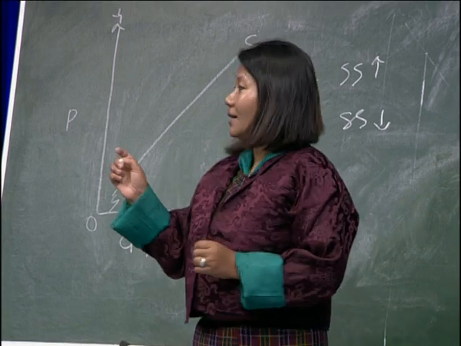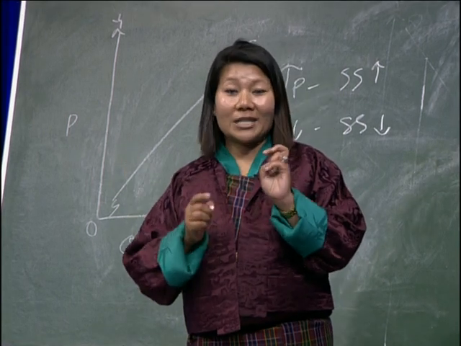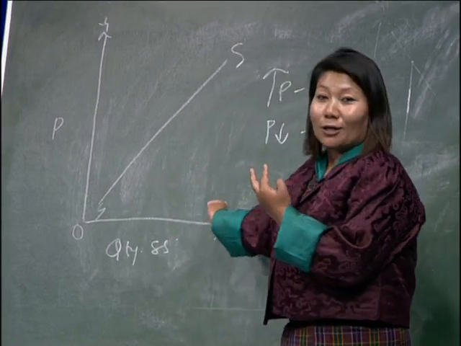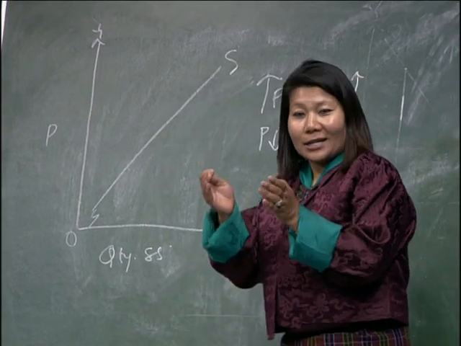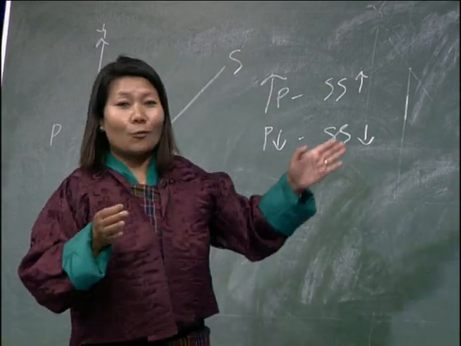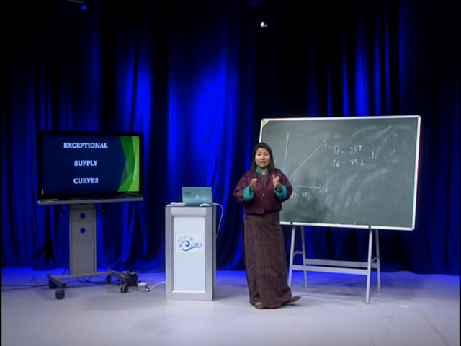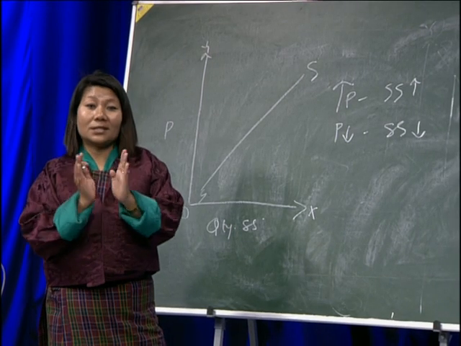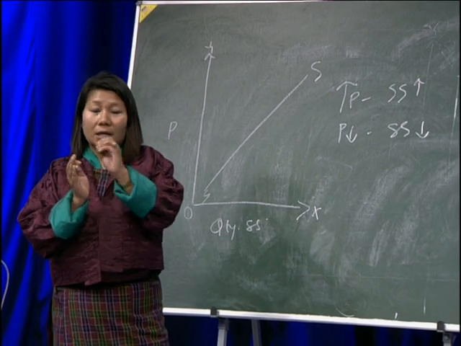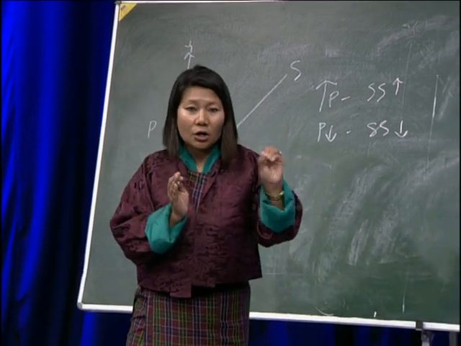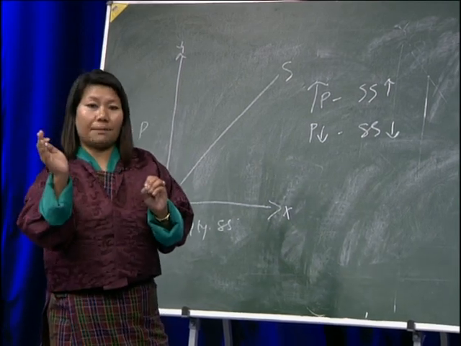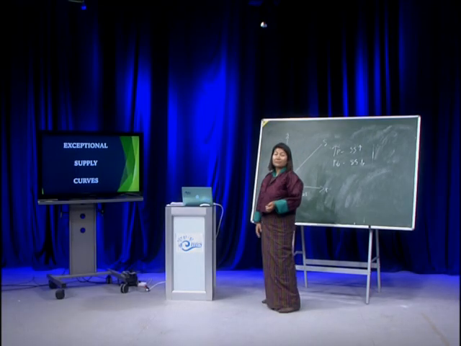But here you have two graphs which act completely different to what the supply law is stating, which means they are different from what normally happens. So exceptional does not mean that it is not happening. It means it is not there generally, commonly, but it can happen. This is something you have to keep in mind. Absolutely, it can happen. So we're going to look at the two graphs one at a time.